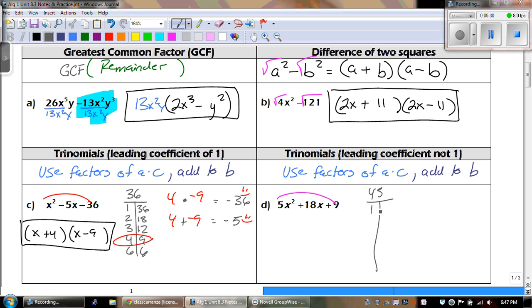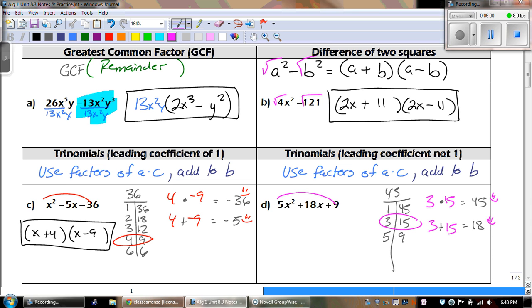Write down all the factors of 45, which are 1 and 45, 3 and 15, 5 and 9. Out of those ones, which ones multiply to get to 45 and add to get to 18? Did you guys get 3 and 15? That's what I got.